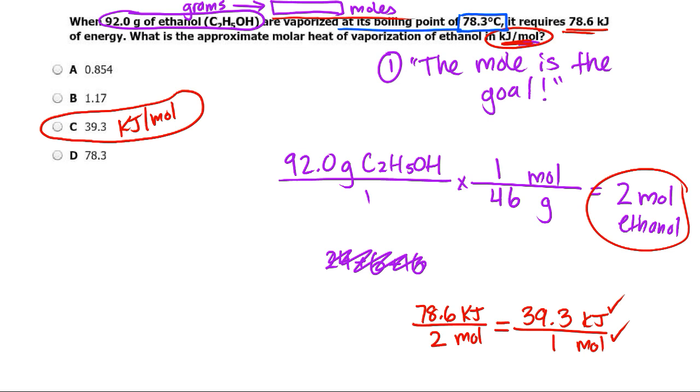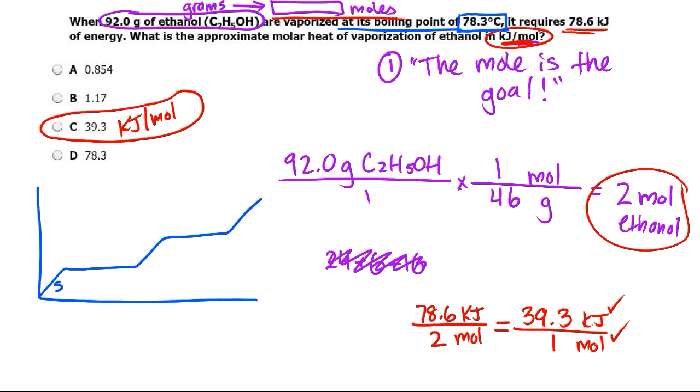Because if you remember about heating curves, the heating curve has 5 sections. Section 1 is the solid, section 3 is the liquid, section 5 is the gas, section 2 is fusion, which is when the solid is turning to a liquid. Section 4 is vaporization, which is when the liquid is turning to a gas.